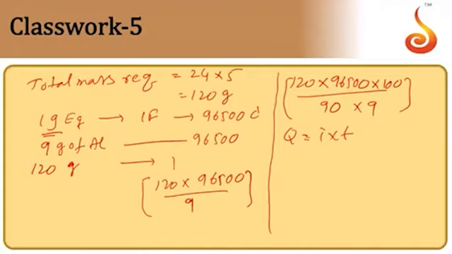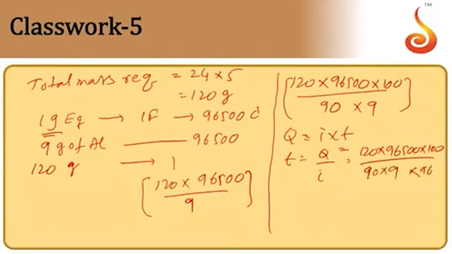So time T will be equal to Q by I, which is equal to 120 into 96,500 into 100 by 90 into 9, divided by the value of I, which is given as 9650. Simplifying this, we get the answer 147.7 seconds. This much time is required altogether.